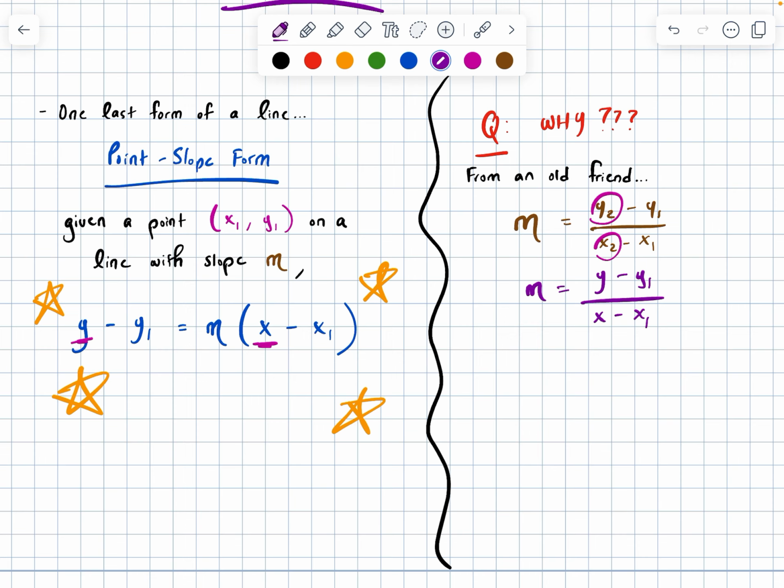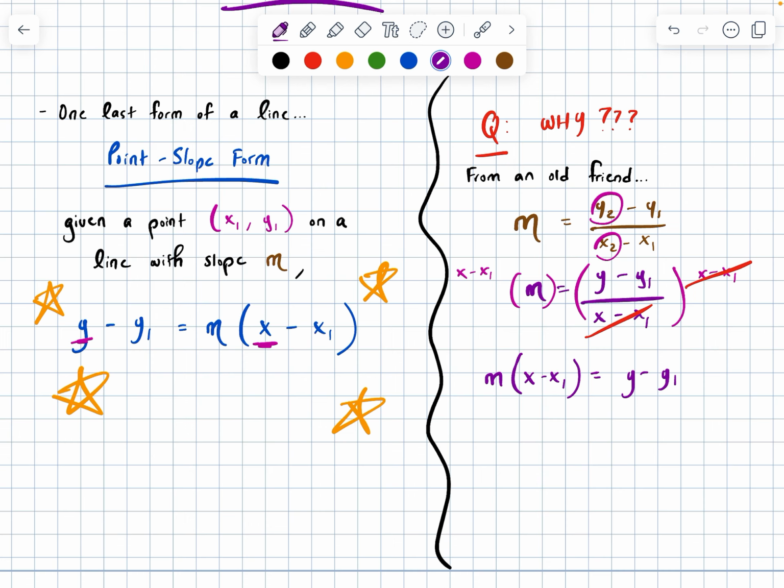All I need to do now is make it so that m is multiplying by that x minus x1. Well, one way that I can do that is by multiplying both sides by my denominator. So on the right side, doing that removes our denominator. We're just left with the numerator of y minus y1. And then on the left, I have m times x minus x1. I'm going to choose to write it like that.